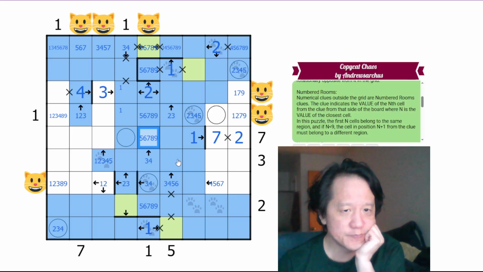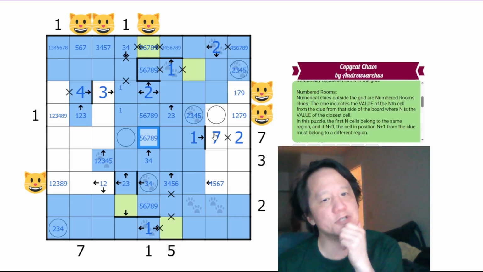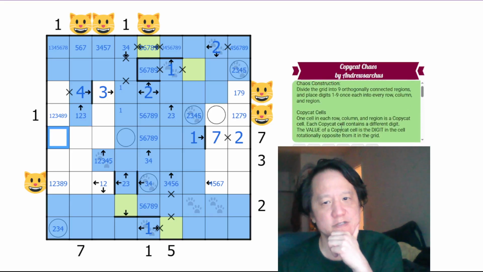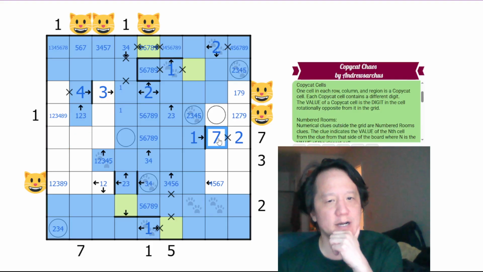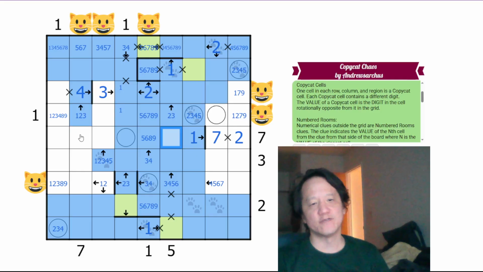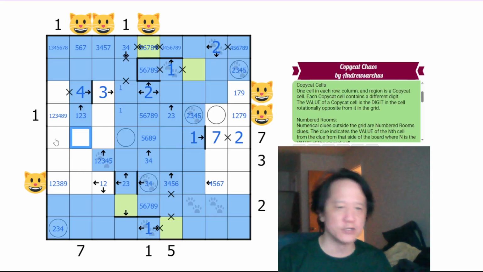Okay. We do know that diagonally opposite, or whatever it is, rotationally opposite of 2 and 7 have to be here. So that does eliminate 2 and 7 in the rest of the row, aside from the rotational opposite.